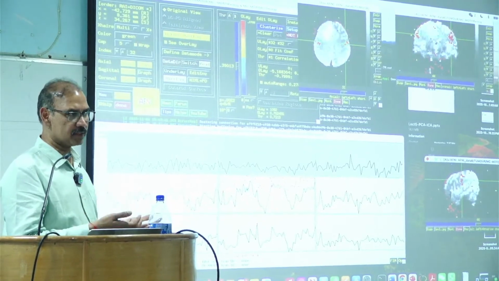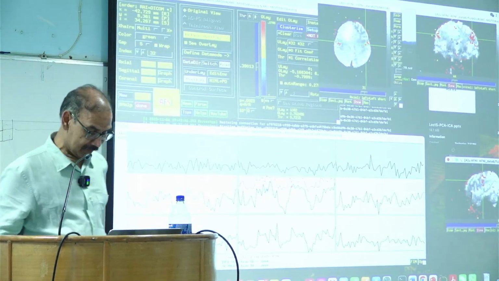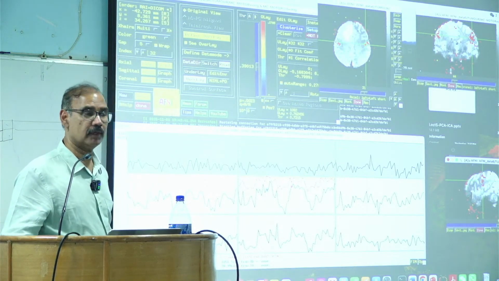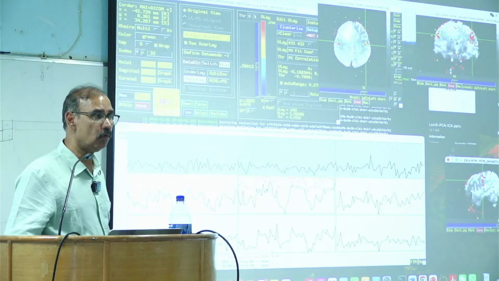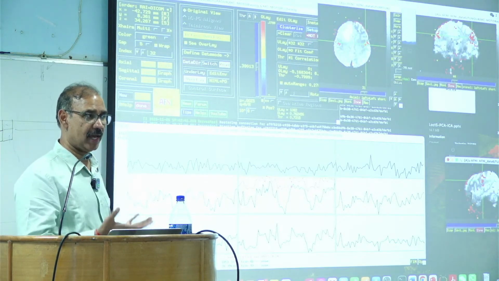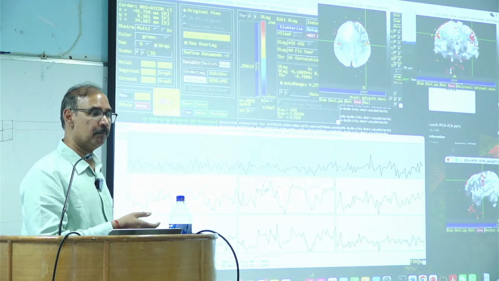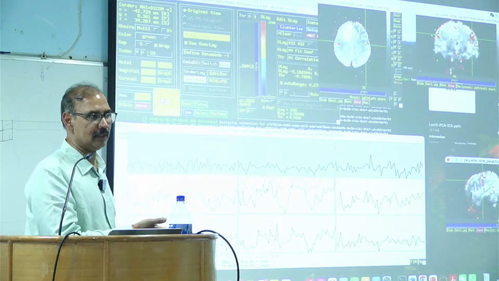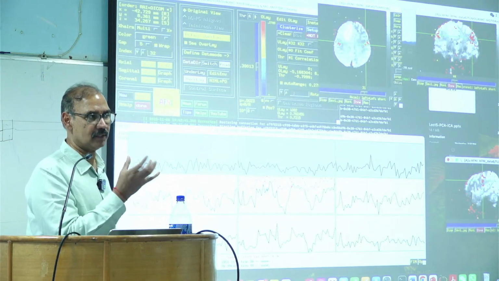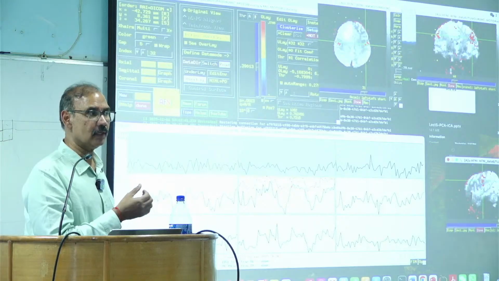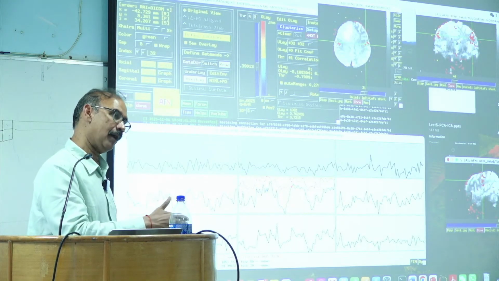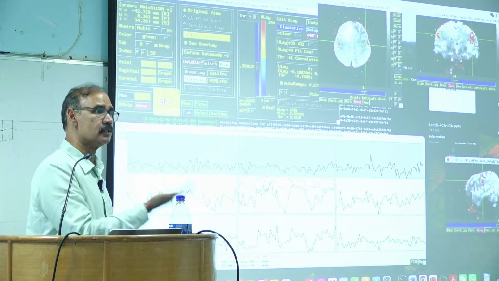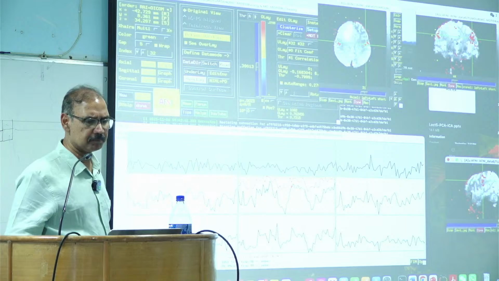There are noise components which are present, and that is the challenge of resting state: you don't know. There is spontaneous activity which is present, but we don't know what fraction is noise and what is signal, and therefore we have to concatenate them for group analysis and perform ICA.